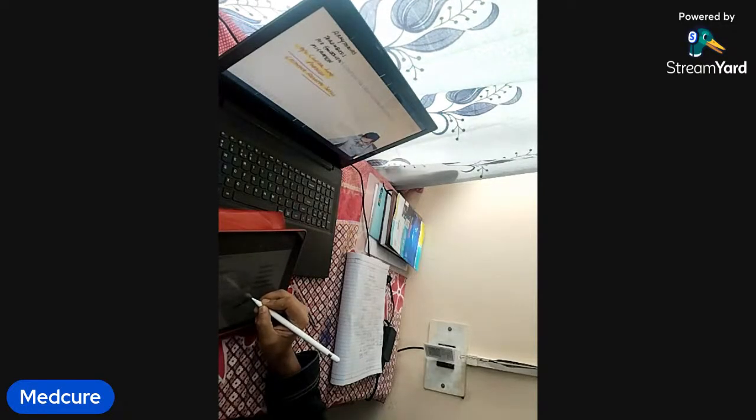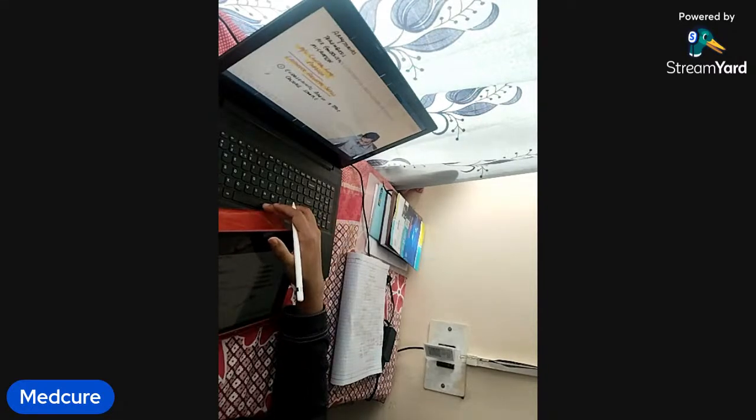And if you're suspecting catheter-related sepsis, we can either introduce an endoluminal brush to take a culture sample and then start antibiotics accordingly.